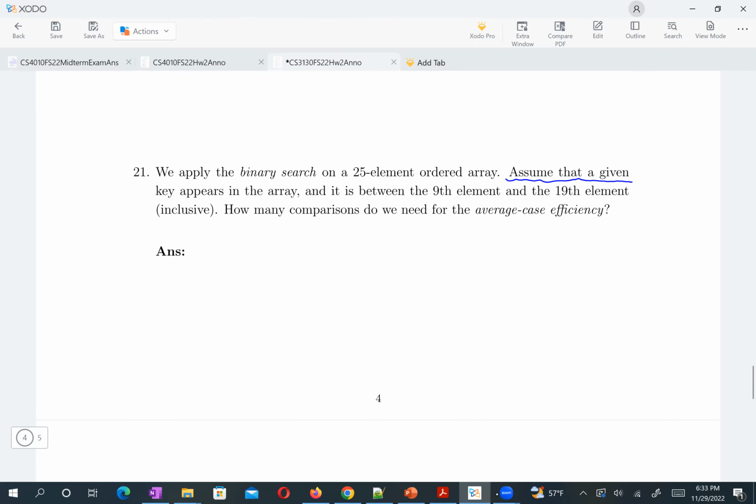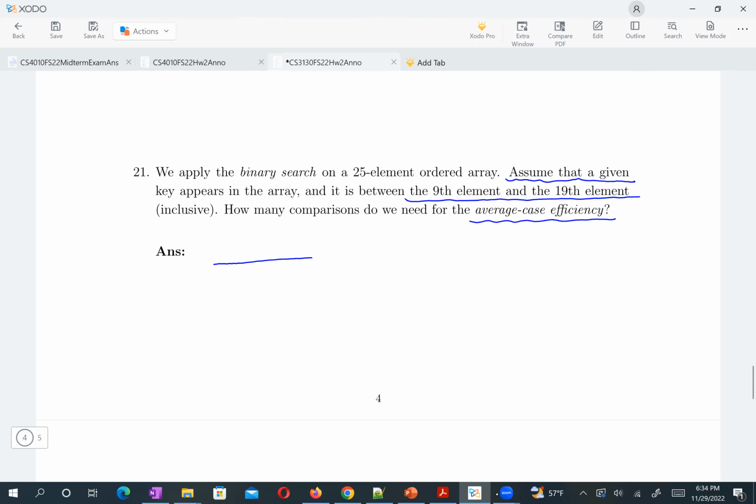Assume that a given key appears in the array and it is between the 9th element and the 19th element inclusive. How many comparisons do we need for average case efficiency? Let me explain this question.